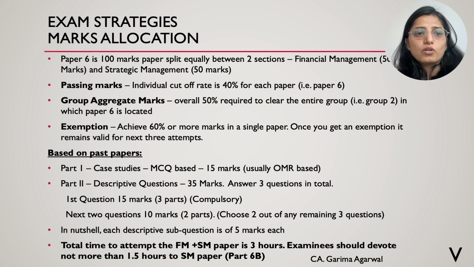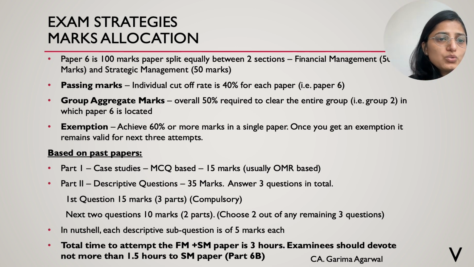The passing marks for paper 6 is 40%, and on top of it, you have to also fulfill the group aggregate marks of the whole group in which paper 6 is located, which is group 2 of the CA intermediate exam. So overall 50% is required to clear the entire group. Then for exemption, you have to achieve 60% or more marks in paper 6 or any single paper, and once you get an exemption, it remains valid for your next 3 attempts.